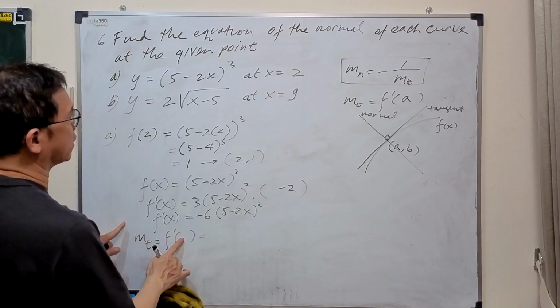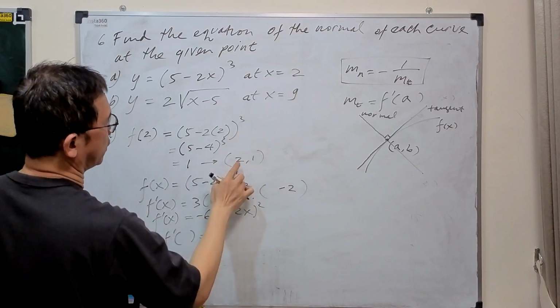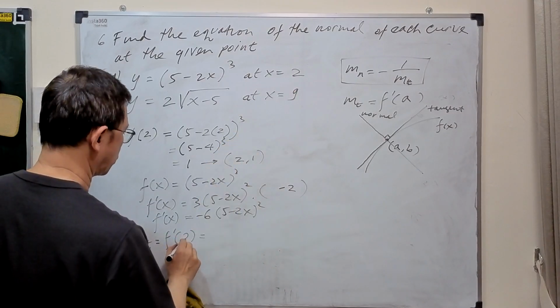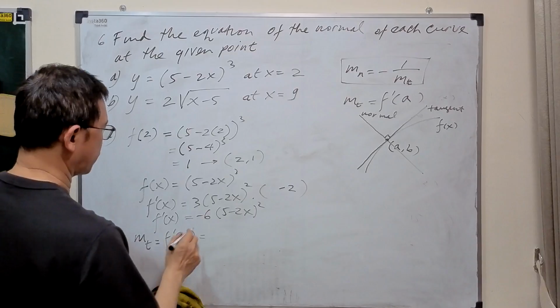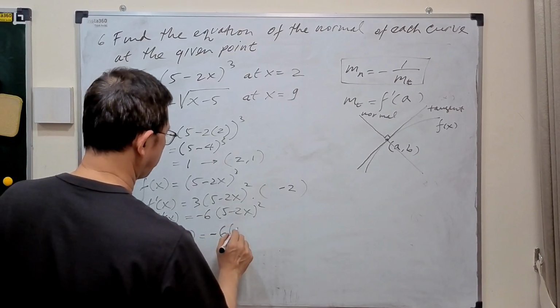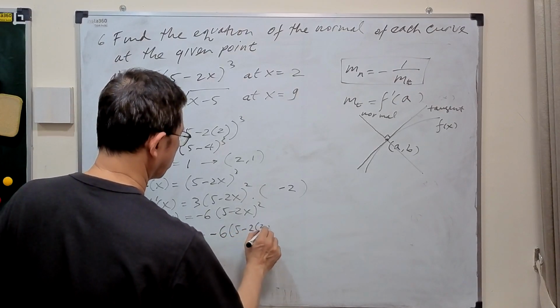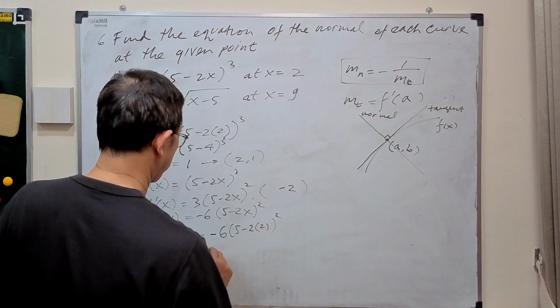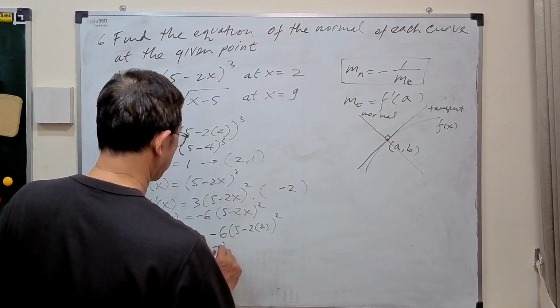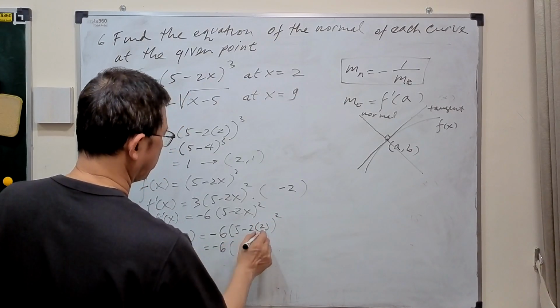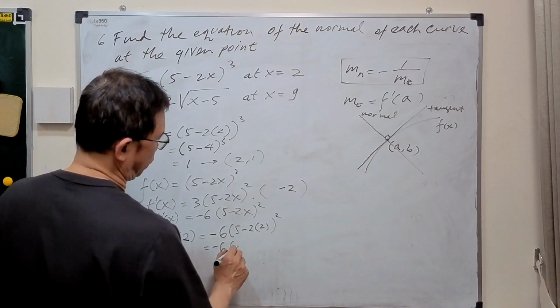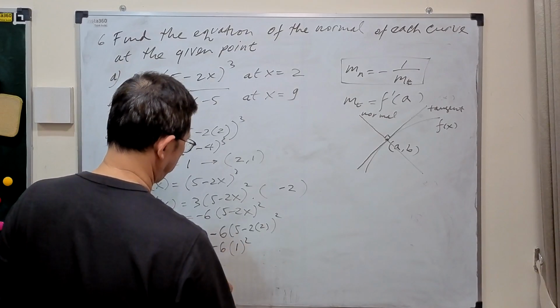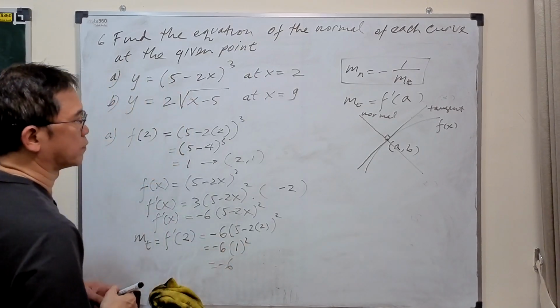So the gradient of the tangent right here, just plug in the x coordinate, 2. Then this will be -6(5 minus 2 times 2) squared. This will be -6 times (5 minus 4), which is 1, to the power of 2, so we get -6.